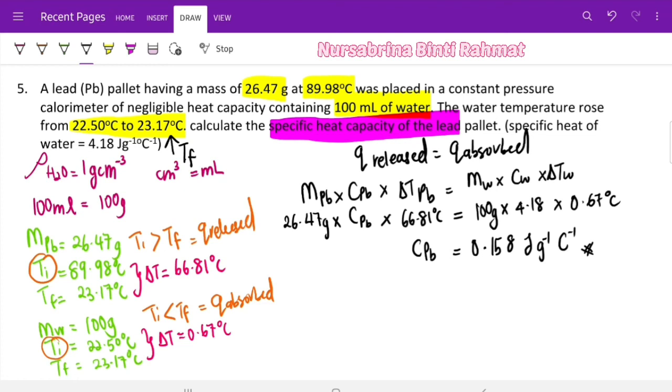Secondly, you worked on how to calculate the temperature change and the final and initial temperature, and in the last one, you had to calculate the specific heat capacity of the other substance. I hope all of these 5 examples help you to strengthen your understanding of the basic simple calorimeter.